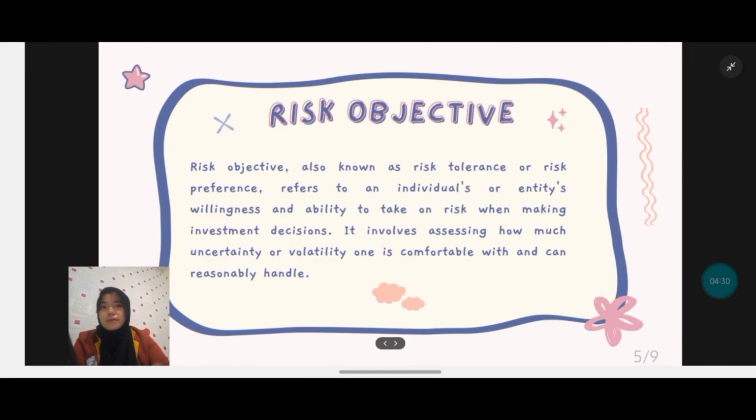Next, risk objective. Risk objective, also known as risk tolerance or risk preference, refers to an individual or entity's willingness and ability to take on risk when making investment decisions. It involves assessing how much uncertainty or volatility one is comfortable with and can reasonably handle.